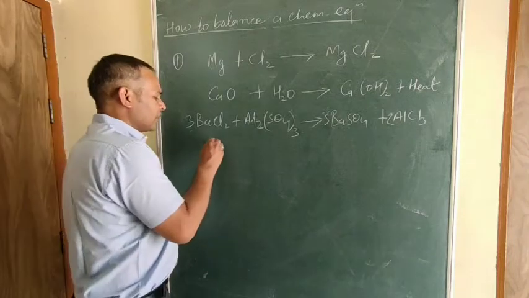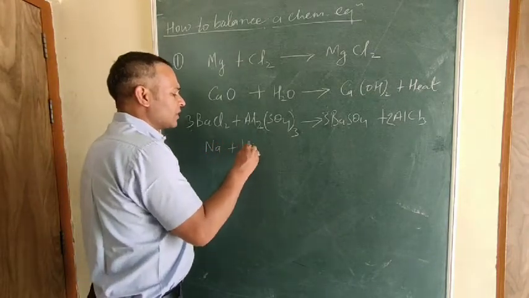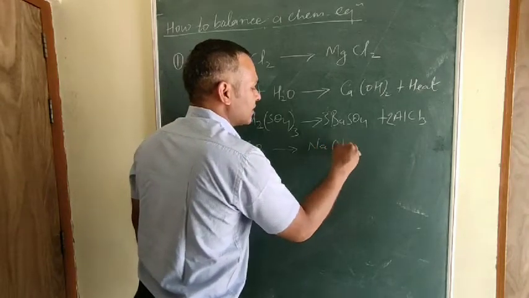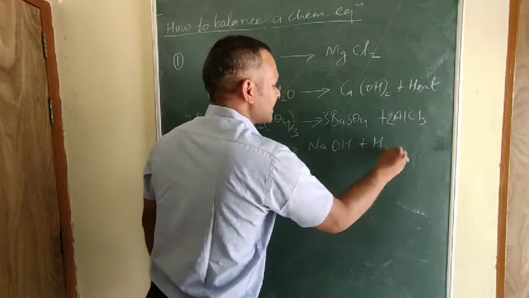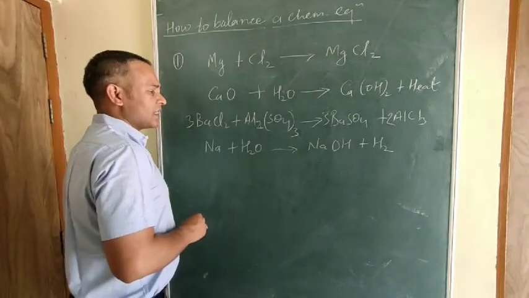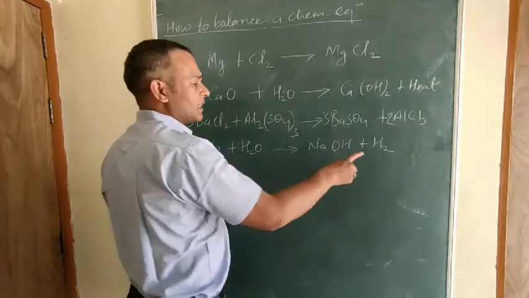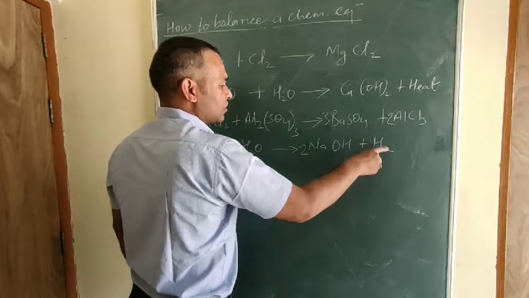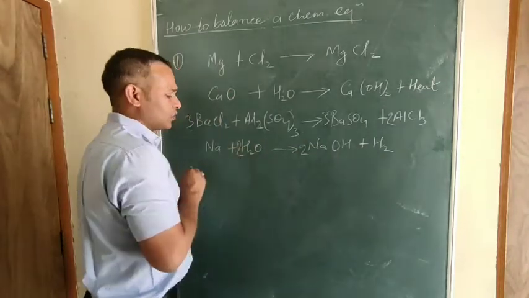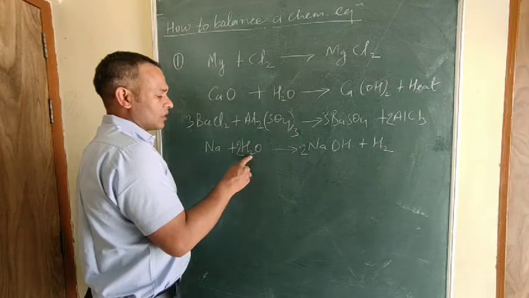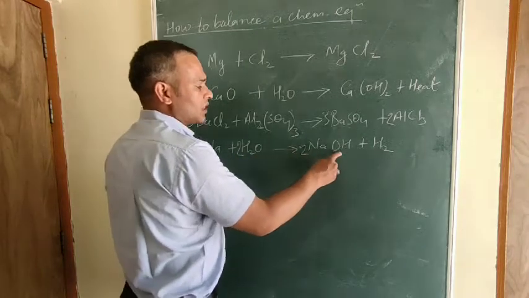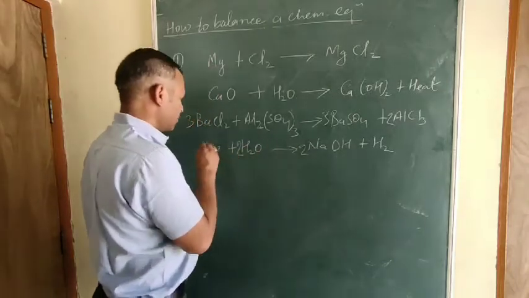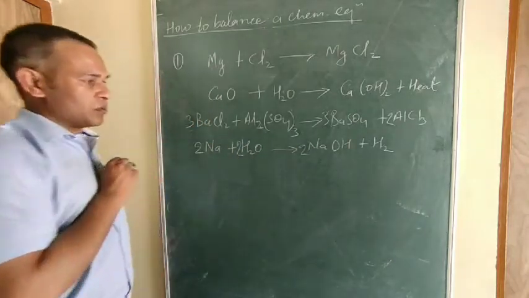Similarly, when sodium is dissolved in water, it gives the base sodium hydroxide plus hydrogen gas is released. Here we can see hydrogen is 2, but here it is 3. Here we will put 2, 2 plus 2, 4. So here we will put 2. 2 2s are 4. The oxygen is 2, oxygen is 2, sodium is 2, sodium is 2.